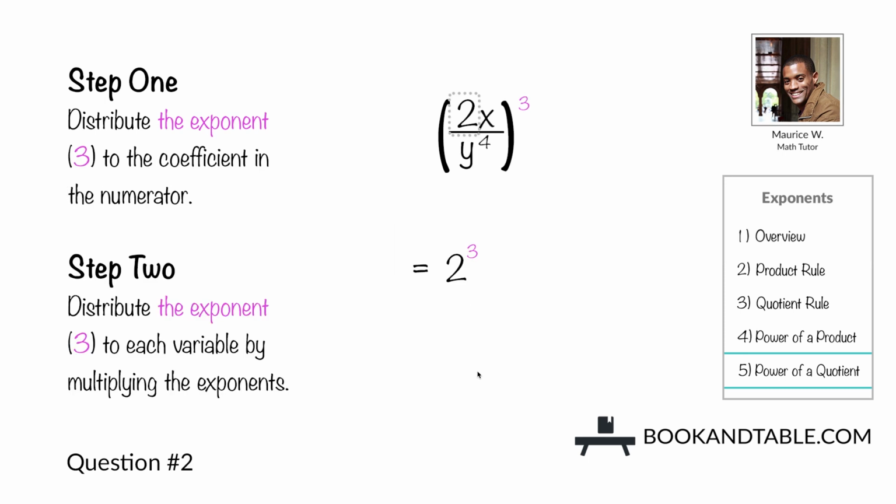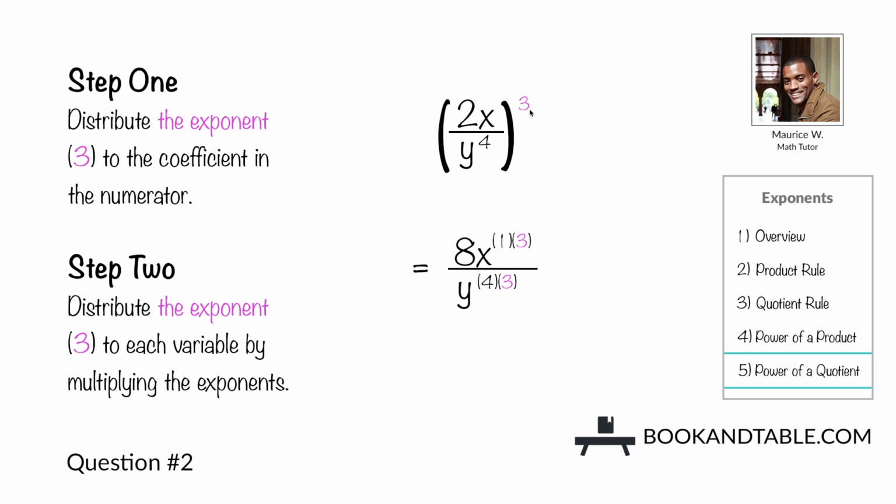Question number 2. Step 1, distribute the exponent 3 to the coefficient in the numerator, 2. 2 to a power of 3 is equal to 8. Now we want to distribute this exponent, step 2, to each variable by multiplying the exponents.